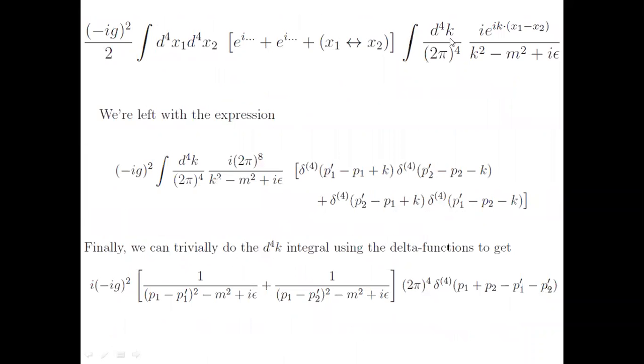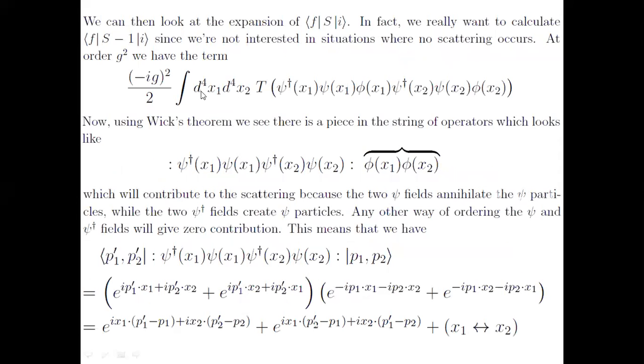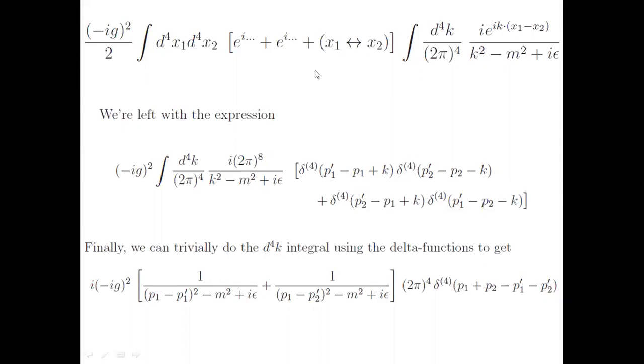This is the Feynman propagator of the phi x1 and phi x2 field. I hope you can remember that. And this d4x1 is coming from this integral, and the d4x2 is coming from the other integral. This I explained, and this is the bracketed term in the expansion.